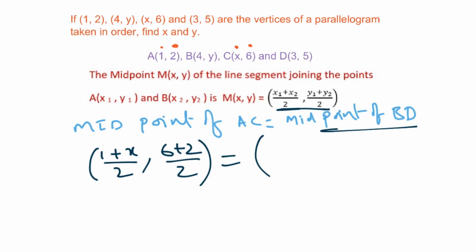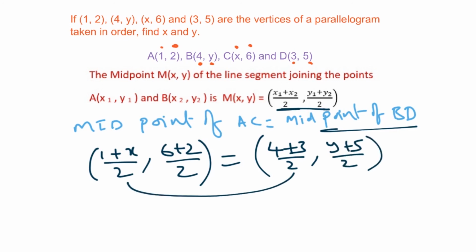While finding the midpoint of BD, let us say that this is x1, y1 and this is x2, y2. The midpoint is (x1 plus x2) by 2. So (4 plus 3) by 2 comma (y plus 5) by 2. Now equate x coordinates and y coordinates to get the values of x and y.